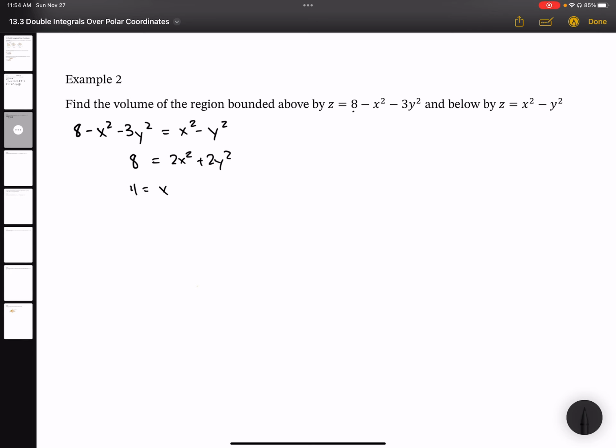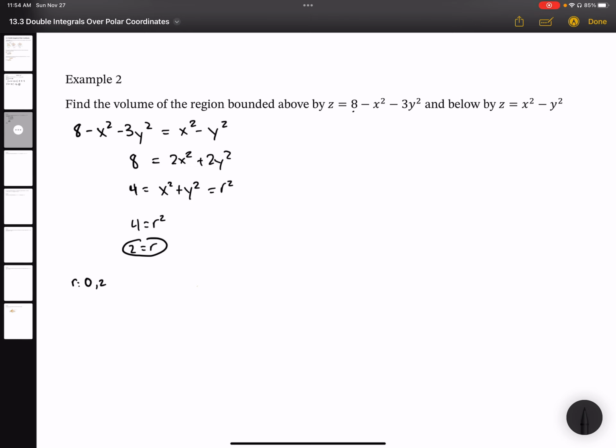So 4 is equal to x squared plus y squared, which also equals r squared. So we end up with 4 equals r squared, so our radius is 2. So we're integrating from 0 to 2. So we know our r limits are from 0 to 2.